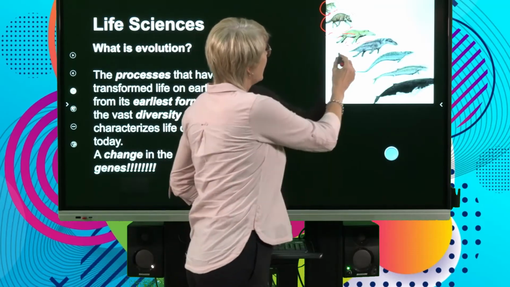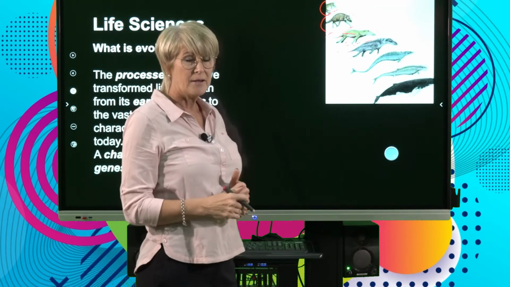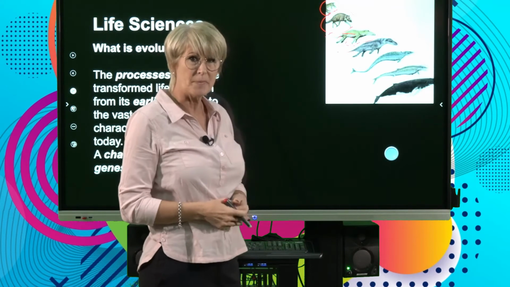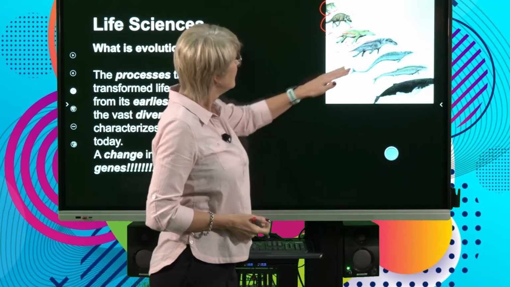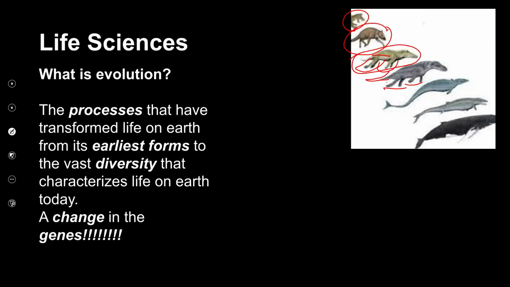As time goes on, and this takes place over millions of years, you can even see the tail is adapting. It's changing, and the limbs start looking more like paddles, which makes it a lot easier to swim, so it can swim faster. Even the structure's changing, and these changes take place through mutations.